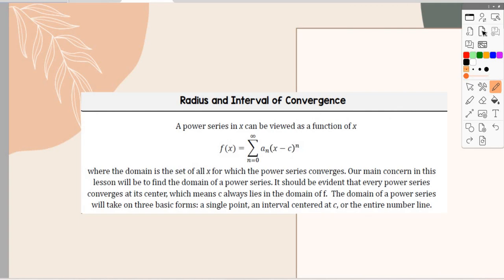So notice that this is the sum from n to infinity of a sub n times x minus c to the nth power. Notice that my summation is in terms of n. Agreed? Which means that am I plugging stuff into my x just based on my summation? No. Which is why I write it as an f of x equals all that stuff. So this is where I would choose what I'm going to plug in for x.